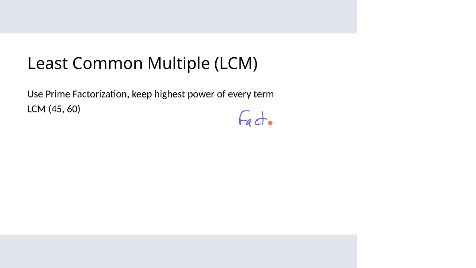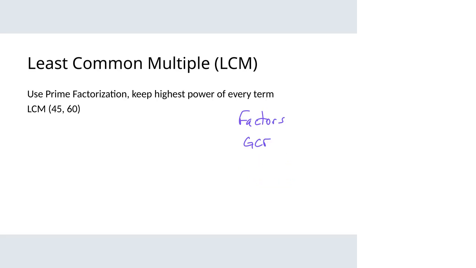Factors, when we were doing the greatest common factor, these are always going to be smaller than your numbers. It could be equal to, but smaller, less than or equal to. Let me be a little more precise here.